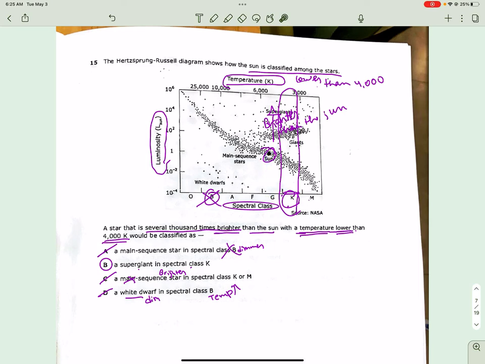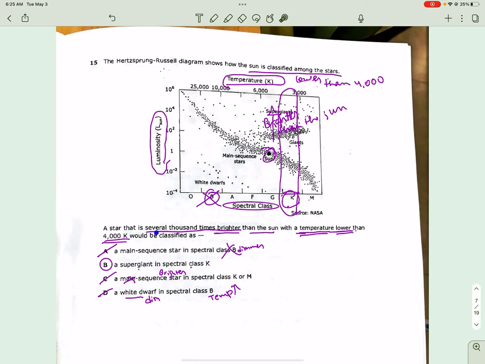So spectral class G gives us a temperature of, let's say, maybe 5,000. Yeah, close to 5,000 because it's near the 6,000, and the sun is 5,800 and some, if I'm not mistaken. It's very close to 6,000 Kelvin.